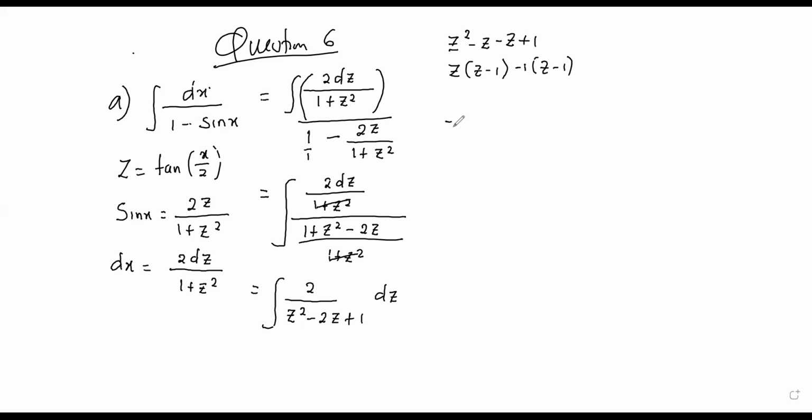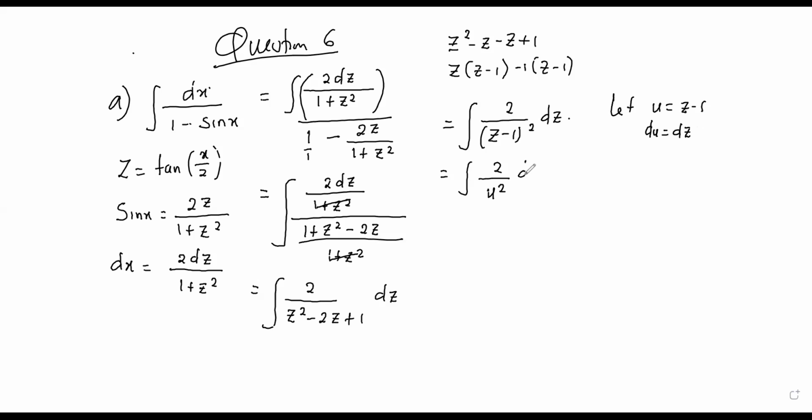So this is going to be the integral of 2 over z minus 1 squared dz. From there we can use u substitution. Let u be z minus 1, so du is dz. Then we have 2 over u squared du, which can be written as 2u to the negative 2 du.